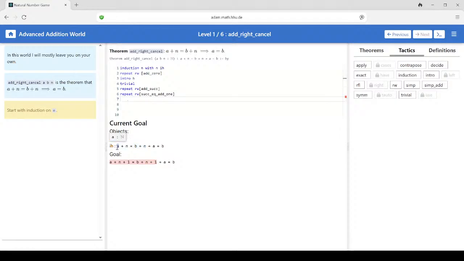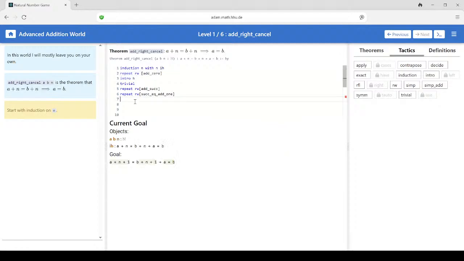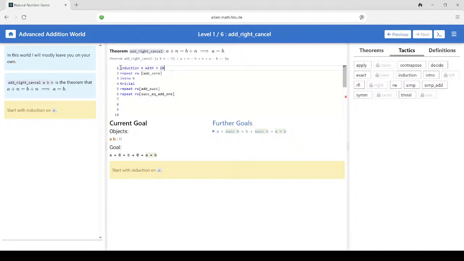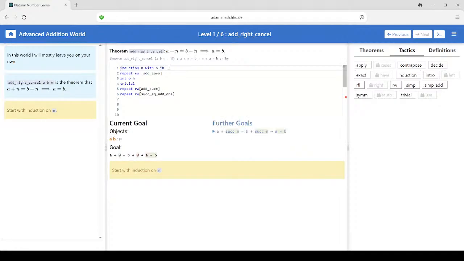It would be trivial if I could just get this to look like this, which is what I did for when it was 0. What did I do the first time? I did the induction first, and that rewrote the goal with n as 0.